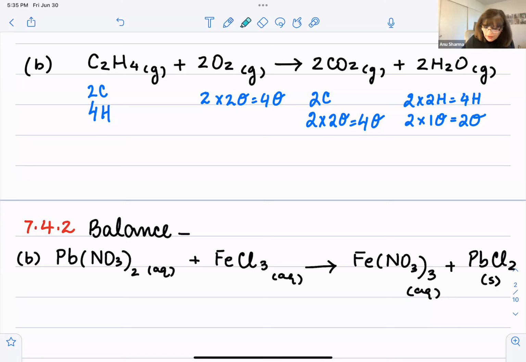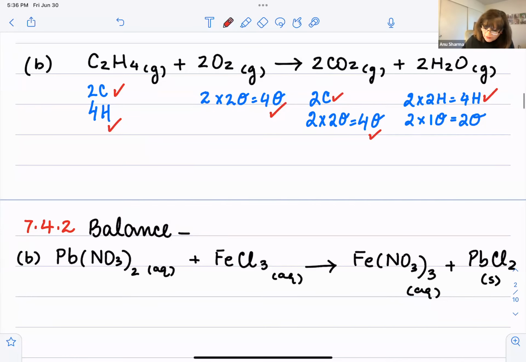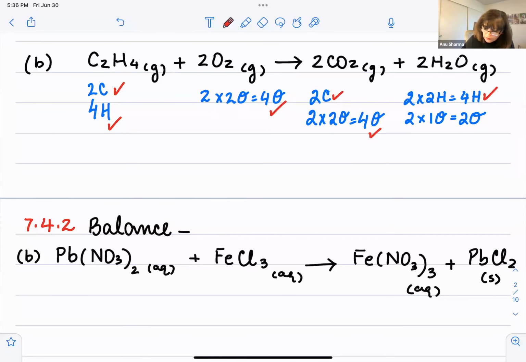Now we have 2 carbons and 2 carbons, balanced. 4 hydrogens, balanced. 4 oxygens, and then remember there are 2 more oxygens. So here you have 4 oxygens and you have 2.